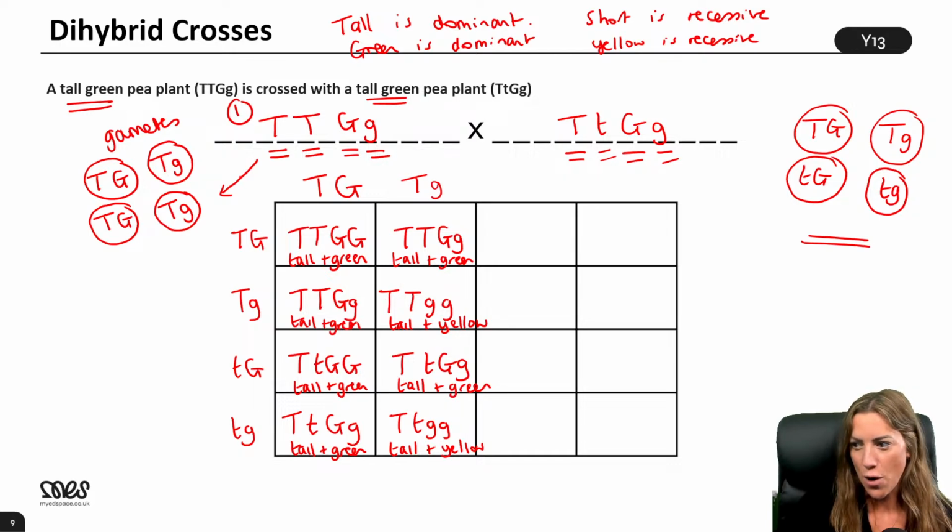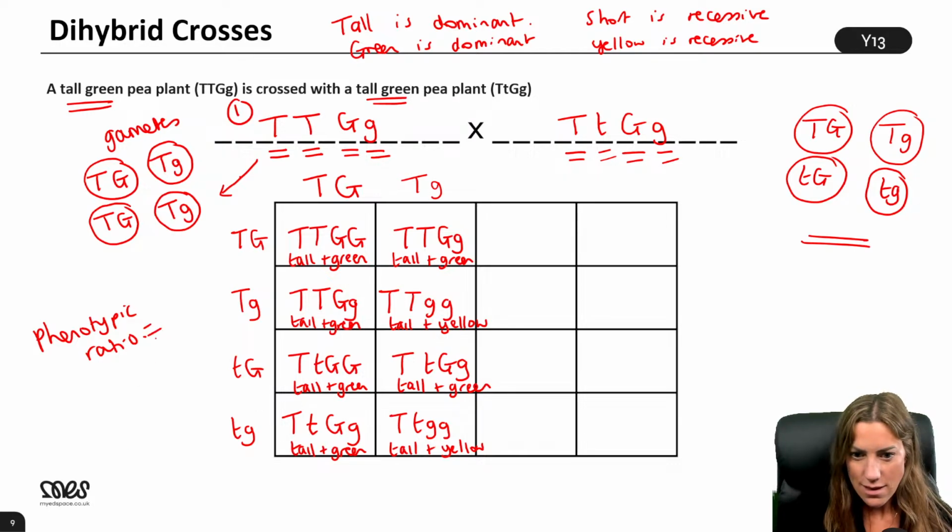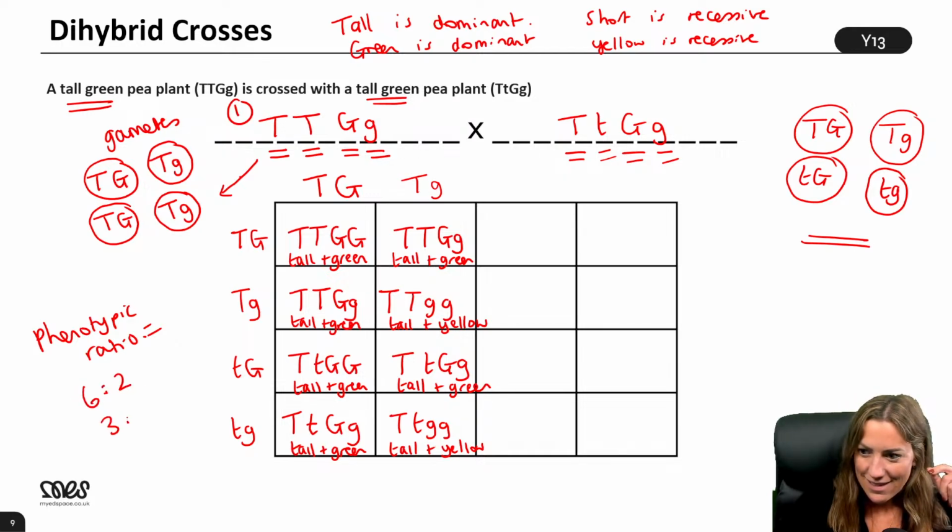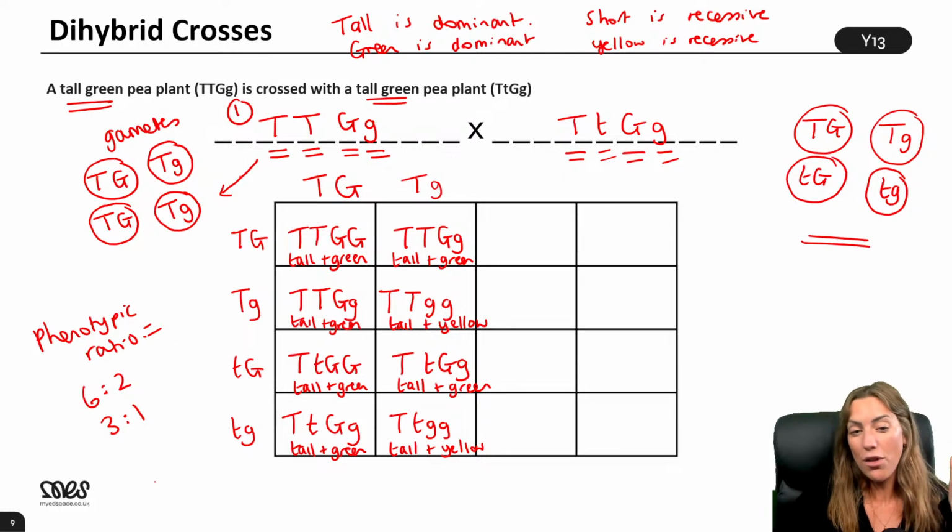What's the phenotypic ratio, or the ratio of phenotypes? Grace says 6 to 2. Yeah, you simplified it there before I even asked. Thank you. So you've actually got a 3 to 1 ratio. So we've got a 3 to 1 ratio of tall and green versus tall and yellow.